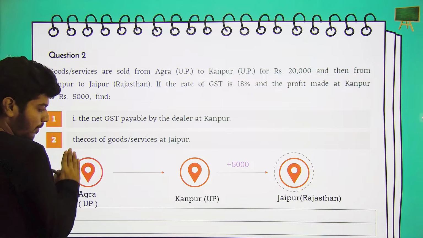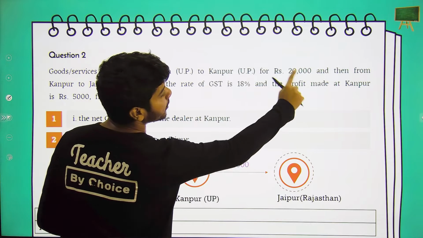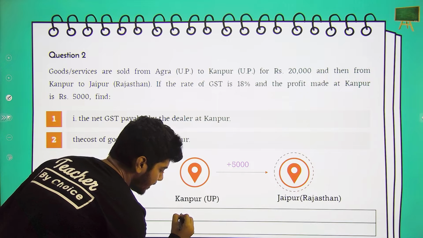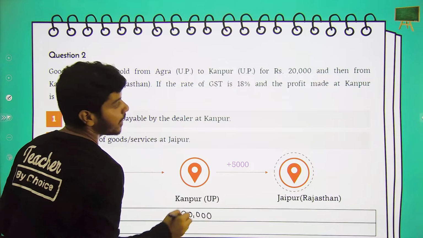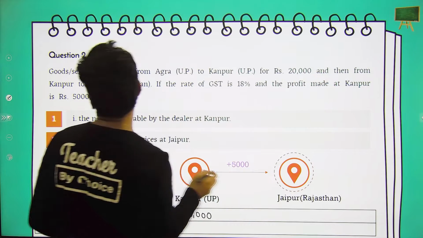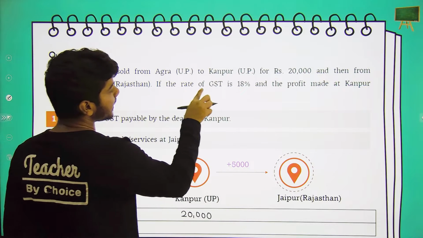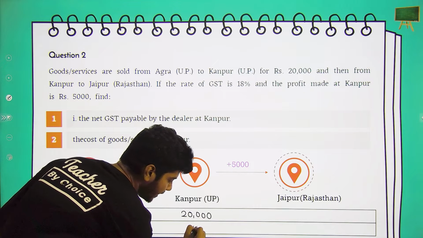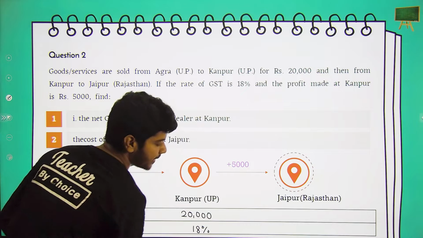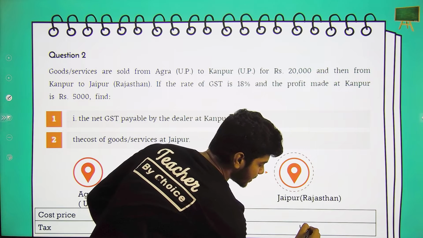Now goods are sold from Agra to Kanpur for 20,000 rupees. So we'll write 20,000 over here. Then from Kanpur to Jaipur, the rate of GST is 18%, and here also the rate is 18%.